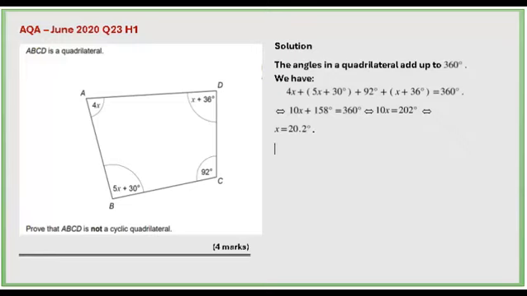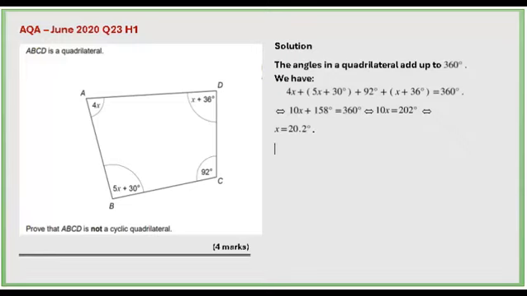Now we can find any of the angles we are interested in. We can pick two of them opposite. Why two opposite? Because we know that in order to have a cyclic quadrilateral, the sum of any two opposite angles must be 180.